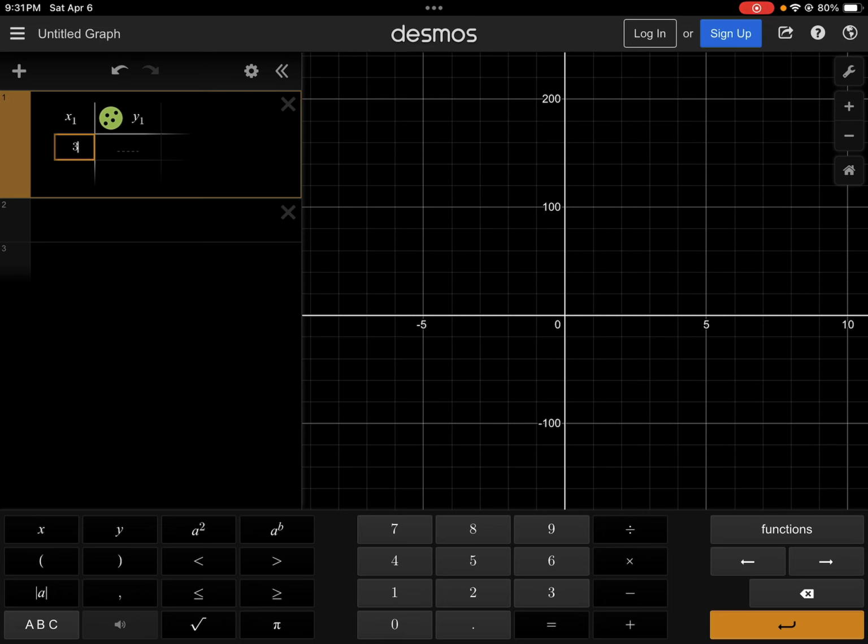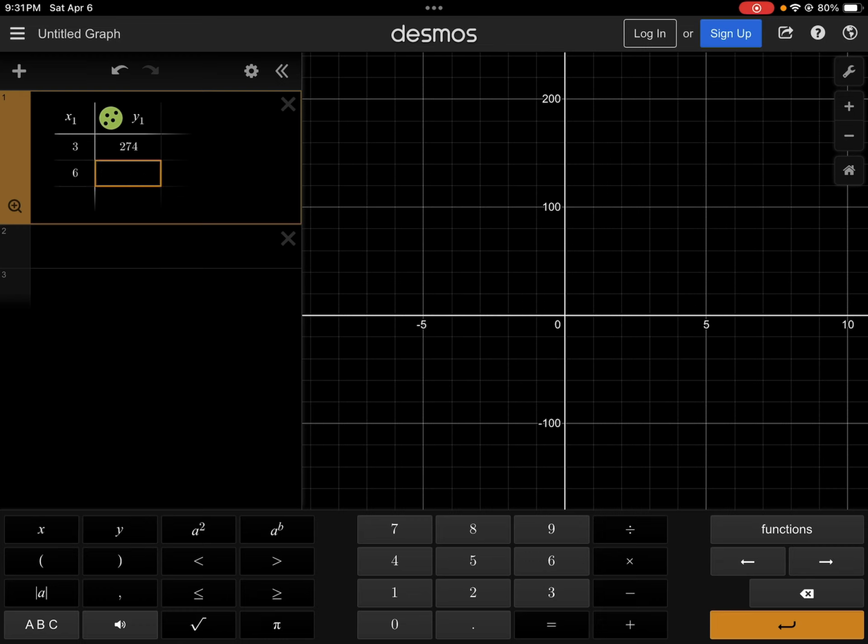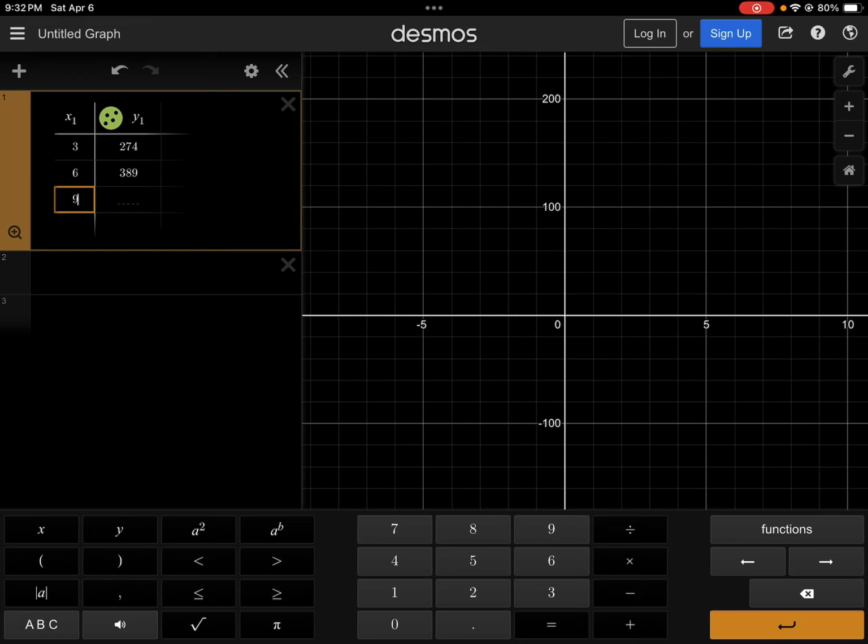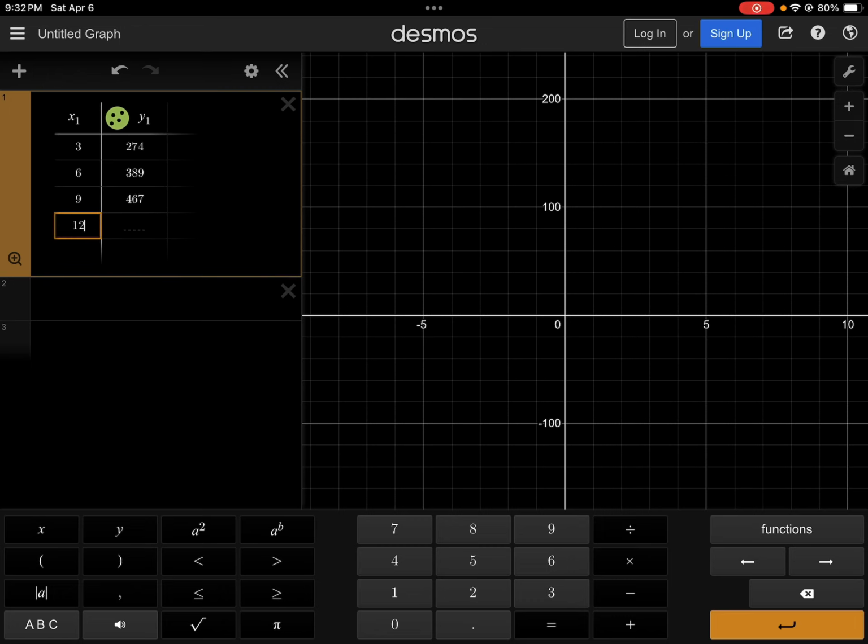So 3 goes with 274. Then we have 6 going with 389. Then you have 9 going with 467. Then you have 12 going with 560.